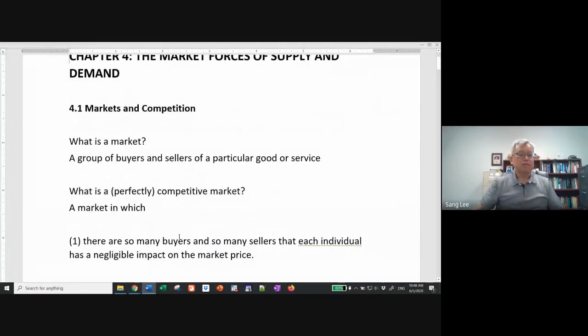So what is a market? When we define a market, it doesn't have to be a physical marketplace. The concept of a market could be a little abstract. So simply, whenever we use the term market, we are referring to a group of buyers and sellers of a particular good or service.